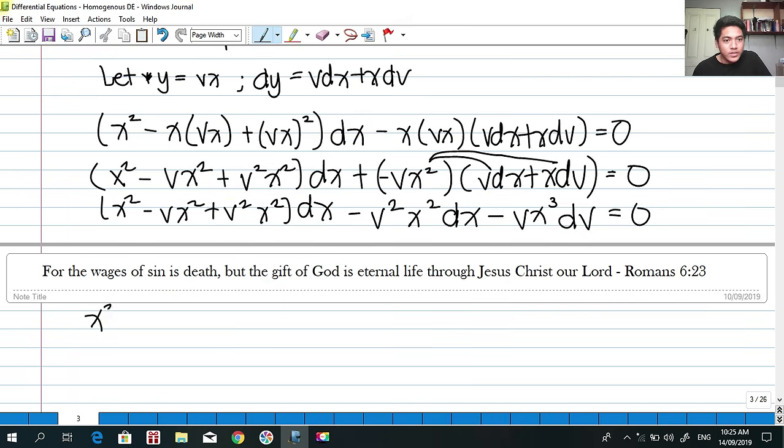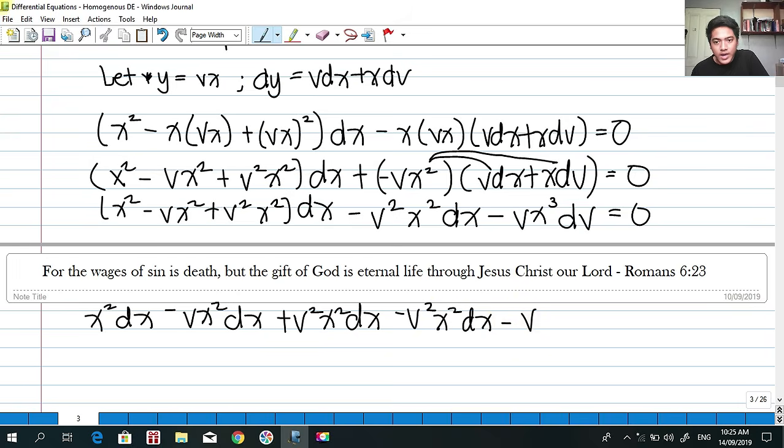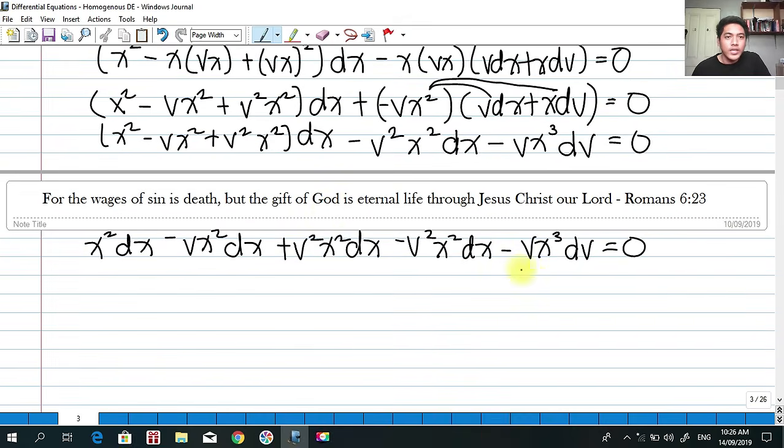We have x squared dx minus vx squared dx plus v squared x squared dx minus v squared x squared dx minus vx cubed dv is equal to 0. As you can see here, we can cancel out v squared x squared dx minus v squared x squared dx. That should cancel out.